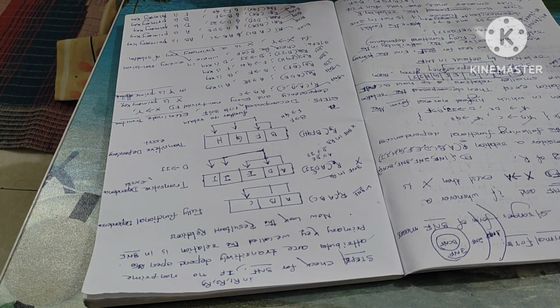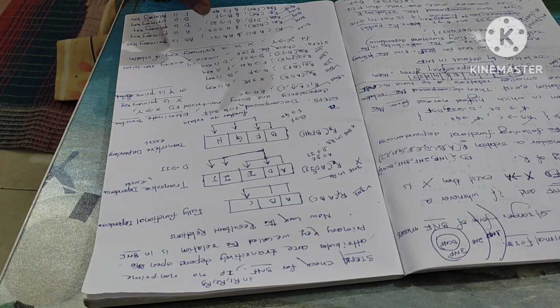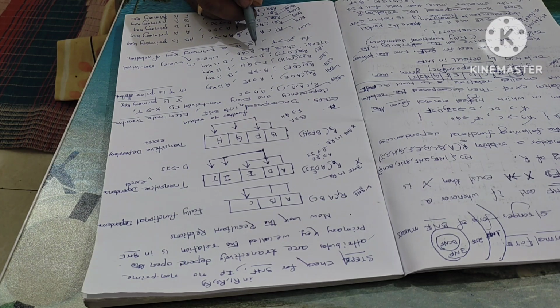Now coming to step number 6: can we further decompose into BCNF? BCNF is a very special case of 3NF. It is a stronger form of 3NF. What does it say? For any relation, for any FD of the form X determines Y, X must be a primary key.